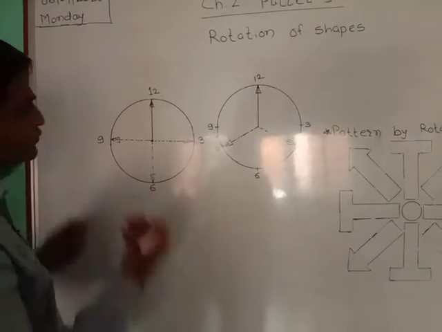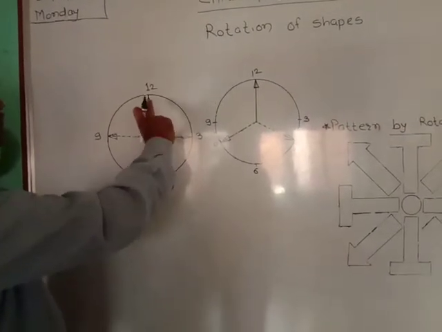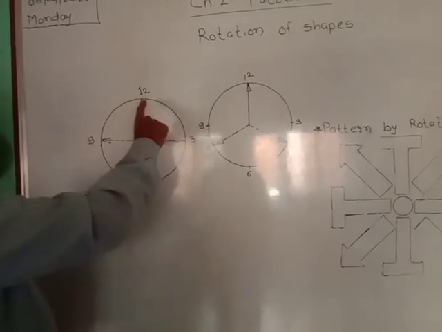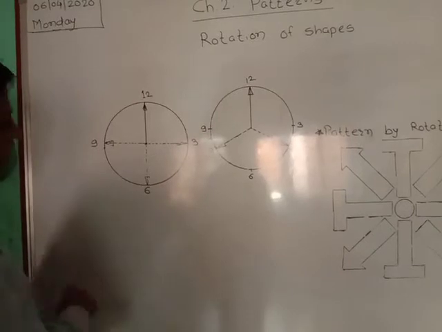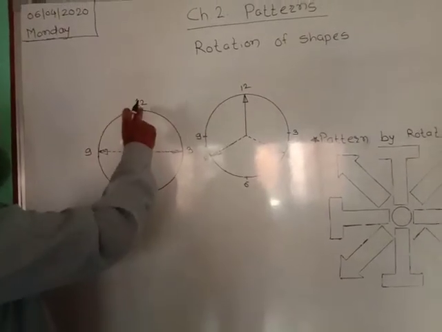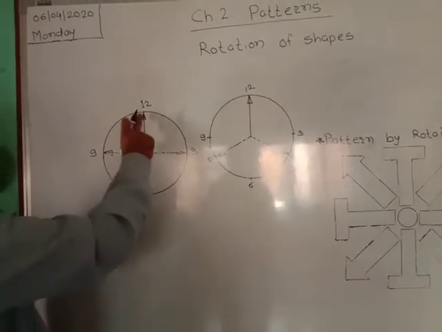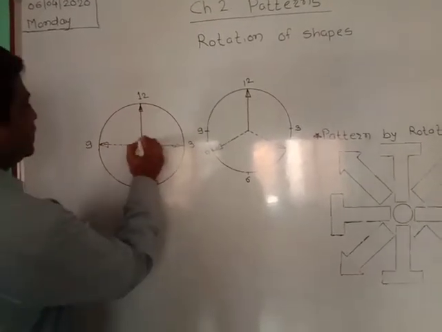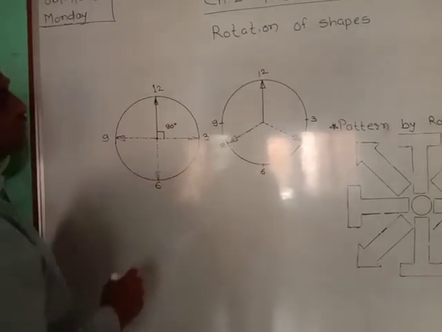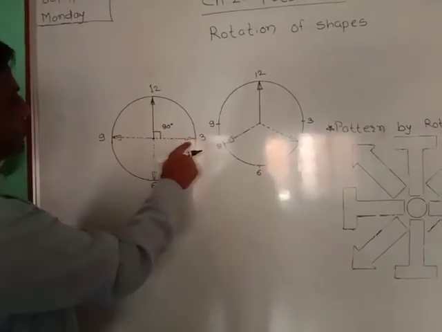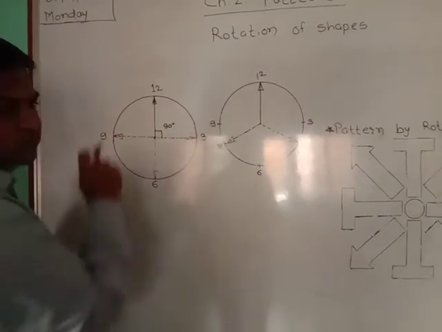Now take an example of this hand of a clock. Suppose it's going to rotate from 12 to 3 in this direction, in the clockwise direction. If the hand of the clock moves from 12 to 3, the angle turned by it will be 90 degrees, and this rotation of the hand of a clock from 12 to 3 is known as a quarter rotation.